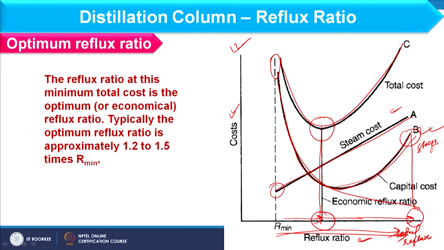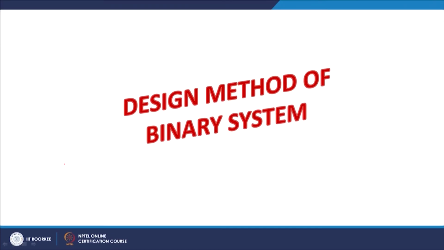Usually, the optimum reflux ratio is approximately 1.2 to 1.5 times the minimum reflux ratio. So, in that way we can choose the optimum reflux ratio, and now we will discuss the design of binary system.